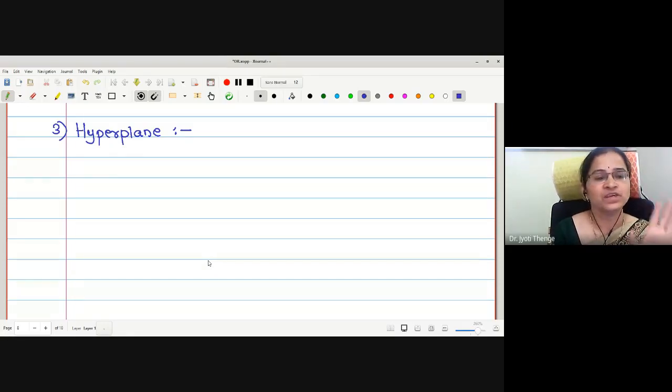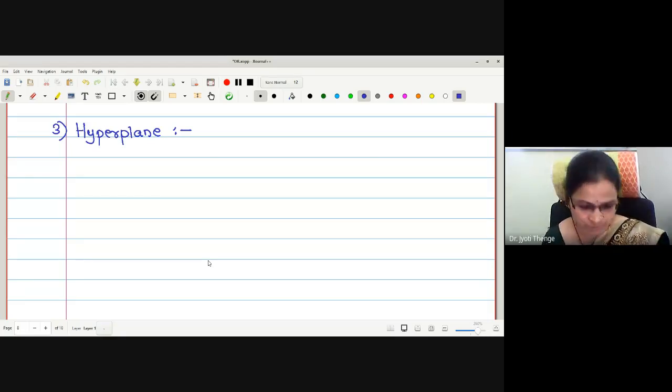Correct. Now here the concept of hyperplane is somewhat different from a plane. The hyperplane is actually a geometric object we define in every dimensional space, where the geometric object formed has dimension one less than the dimension of the space.